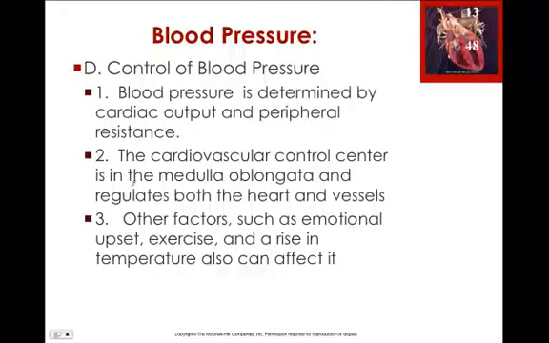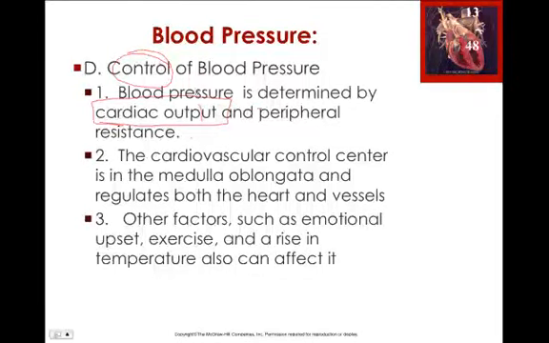Control of your blood pressure. Blood pressure is going to be determined by two major factors: your cardiac output, which is the blood flow being pumped out by the heart. So how much blood is being pumped out by the heart, and at what rate, is going to impact blood pressure.